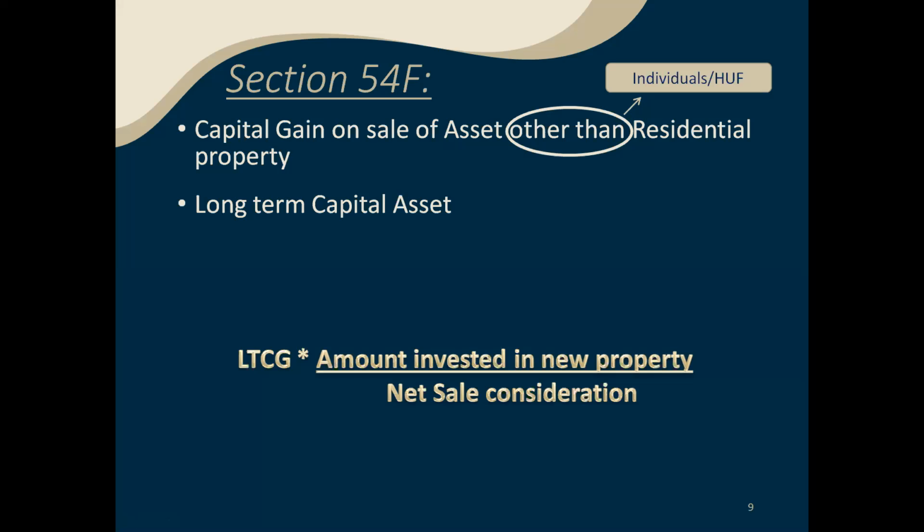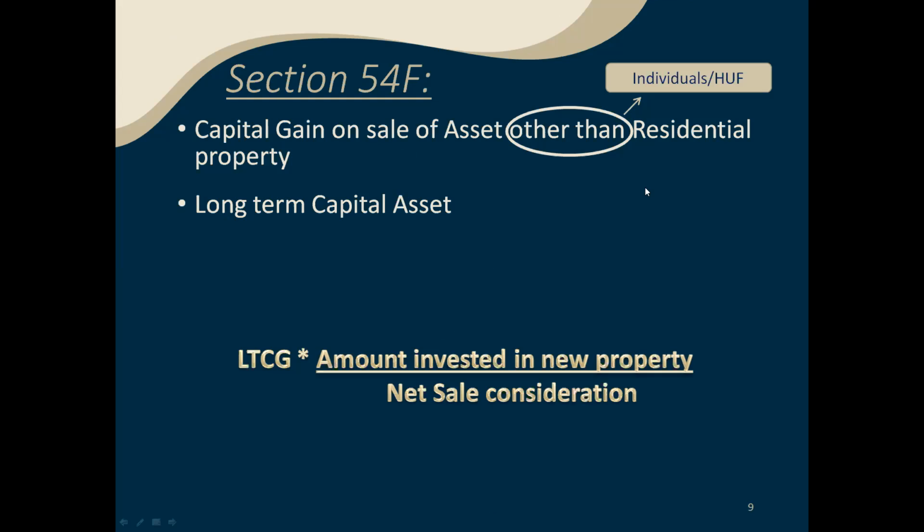Here, when your investment is more than the long-term capital gain, the entire capital gain will be exempted. However, say your capital gain is 2 crores, but you have invested only 1 crore in a new property, then this formula should be applied: long-term capital gain into amount invested in the new property divided by net sale consideration.